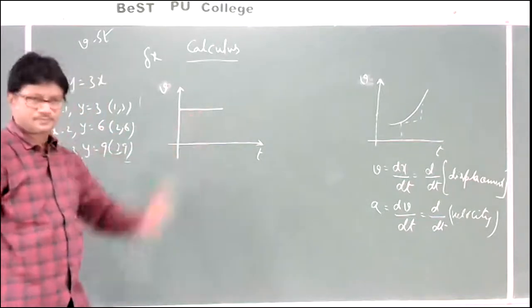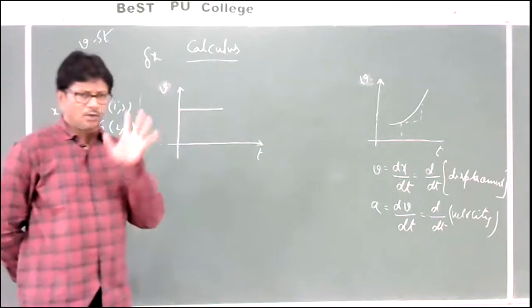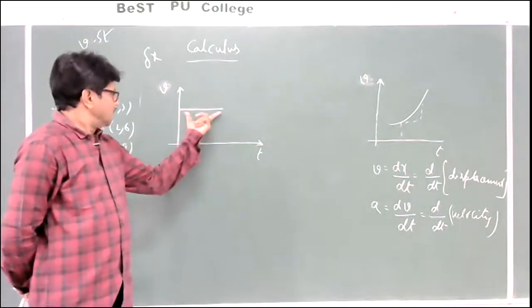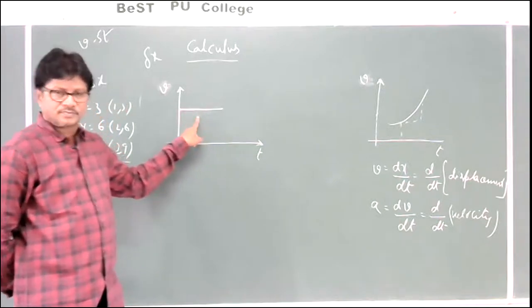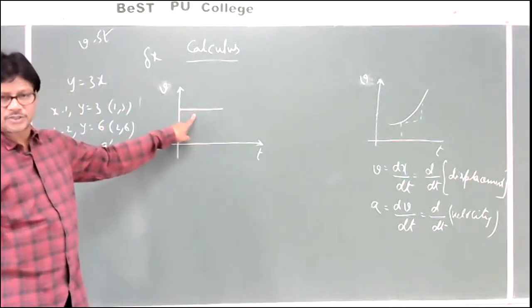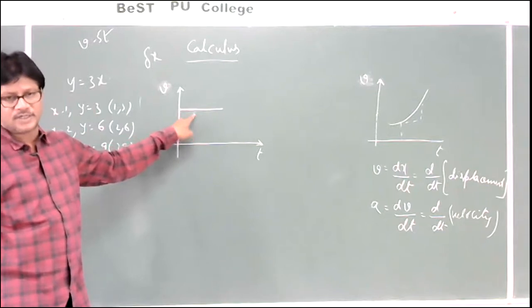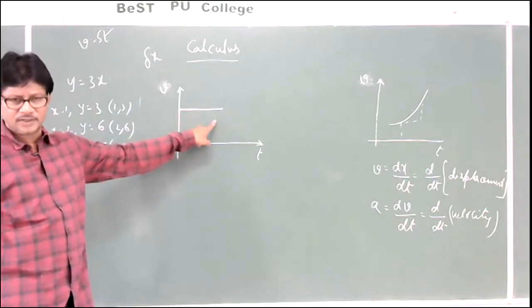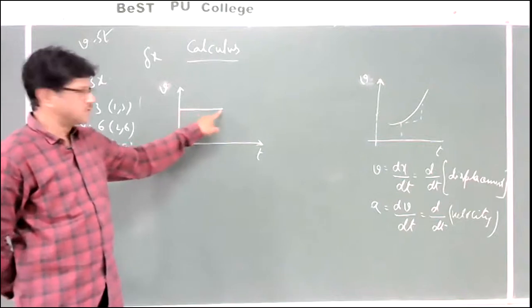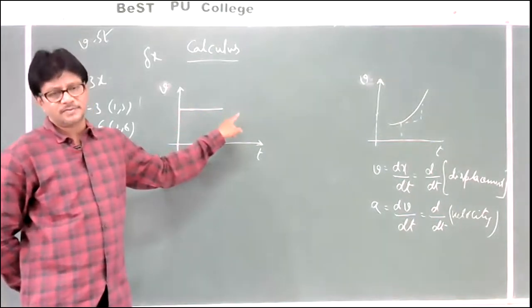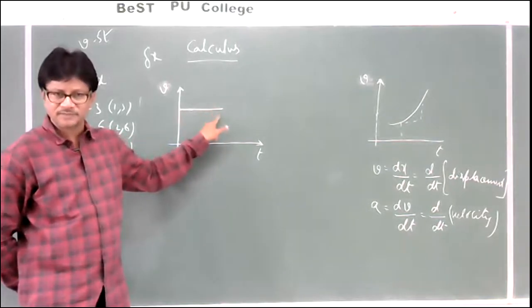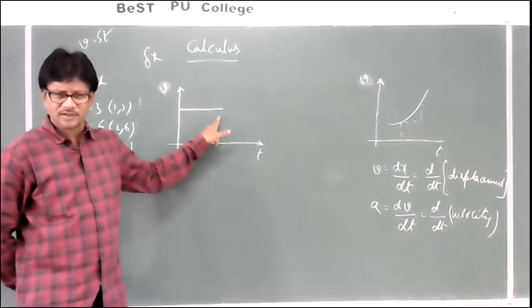This is the curve. Now, what is the slope of this? Does this curve have any slope? No, it does not have a slope. Since the slope is 0, the acceleration is 0 here. Is it right or not? Why?